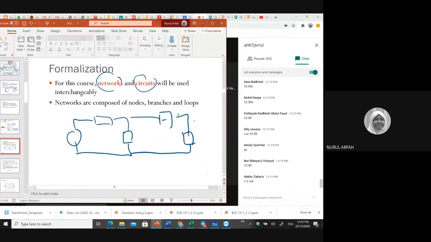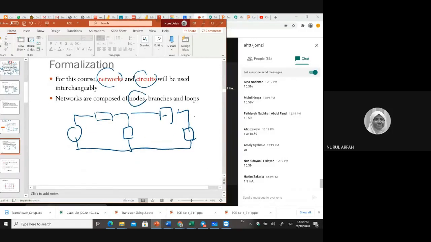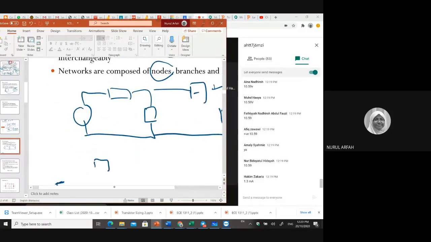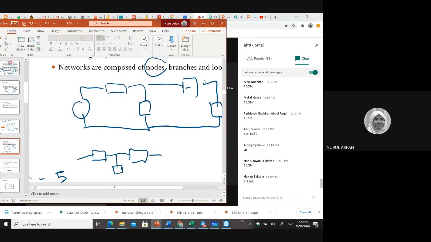So what are nodes? A node is when you have two or more elements at a single point. They are connected at a single point. So this is a node. Two or more. What if I put something like this?